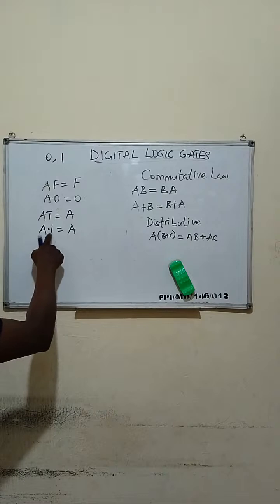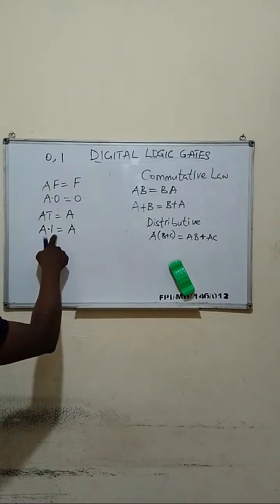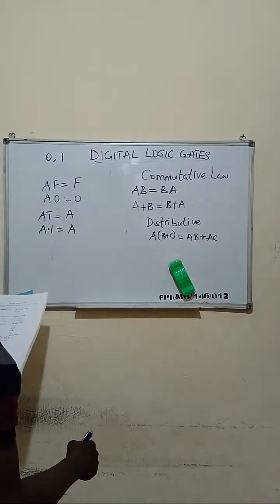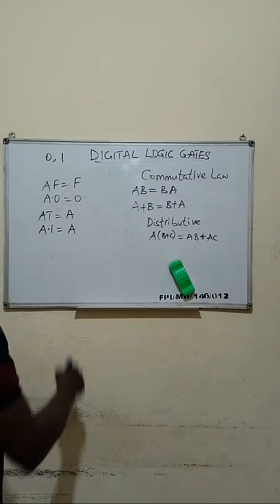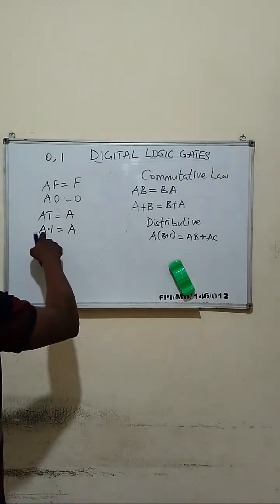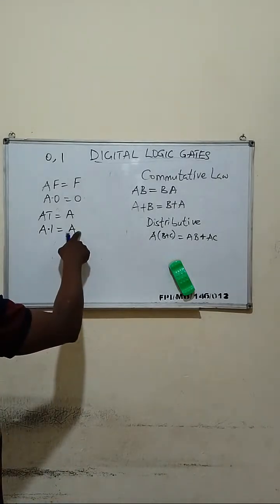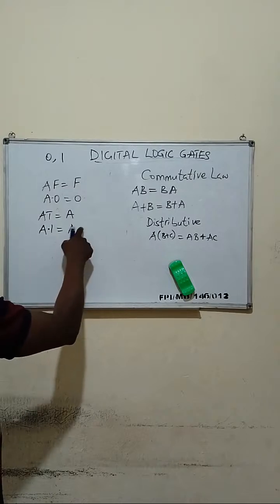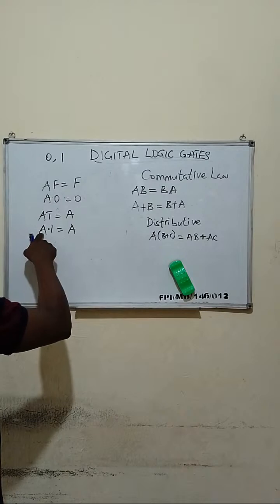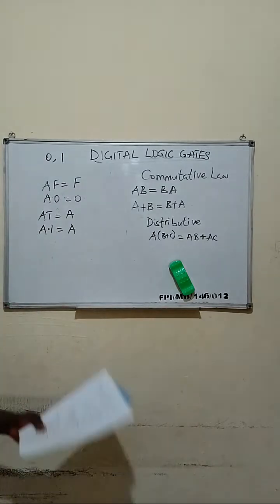So A dot 1 will be A. Whether A is 1 or A is 0. A dot 1 is equal to A. So whatever happens, if A is 0, then the answer is going to be 0. 0 dot 1 will be 0. If A is 1, 1 dot 1 will be equal to 1. That 1 is not this one, but A is A that takes that value.